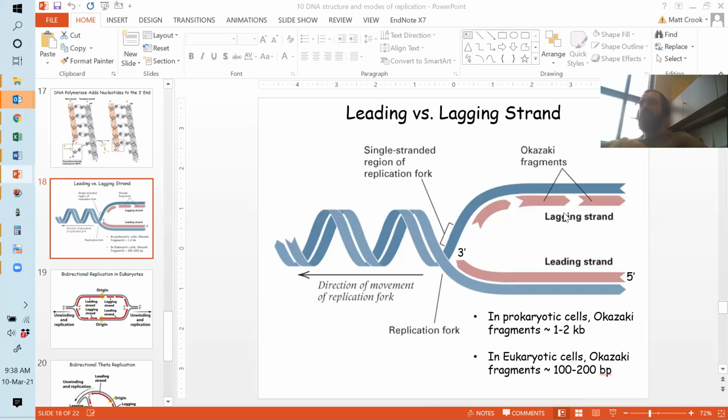And this is called the lagging strand, not because it's slower, like the DNA gets synthesized slower. It's called the lagging strand because it takes time to fix these gaps.